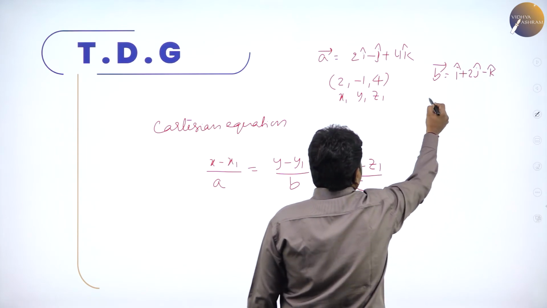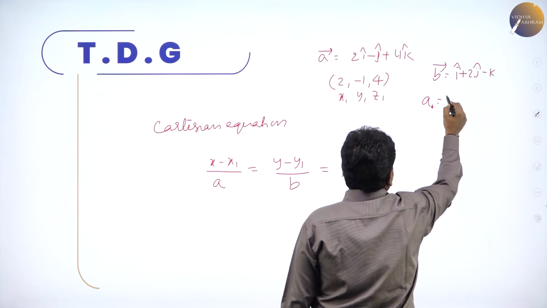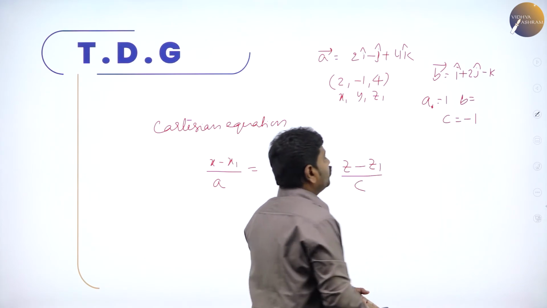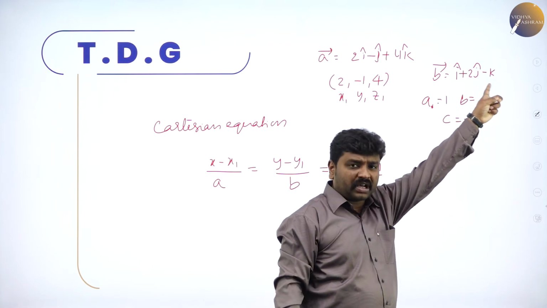So a is the coefficient of i, which is 1, b is the coefficient of j, which is 2, and c is minus 1. You know a, b, c are the direction ratios of the parallel vector.